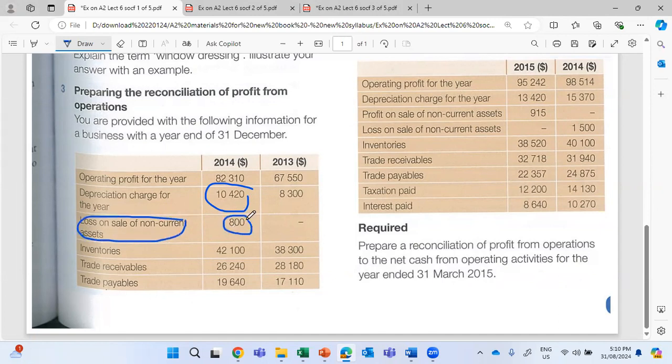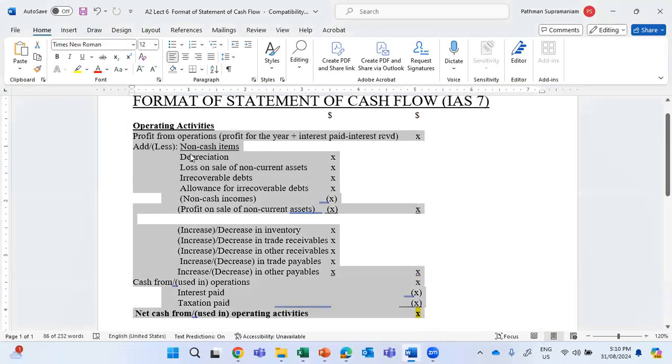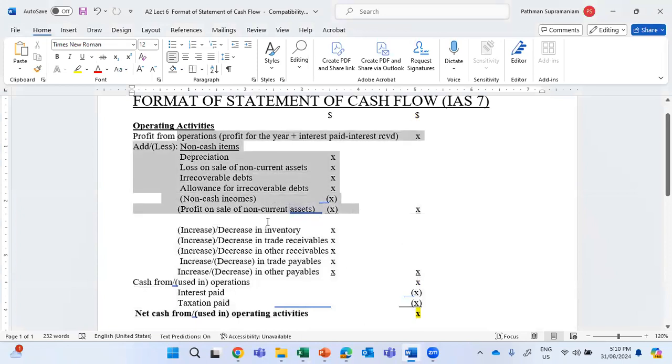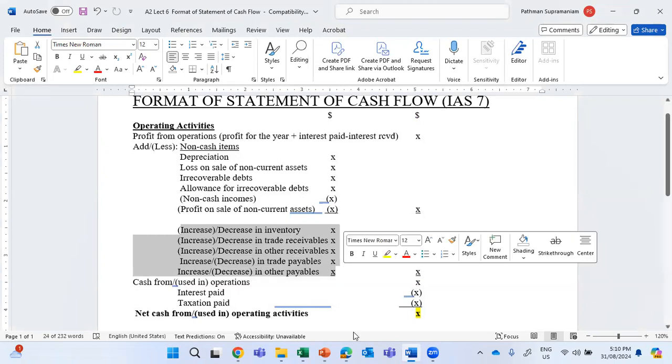So I'll need to add 800. I've just completed this section. Now I'm entering the area where I will calculate the increase or decrease in current assets and current liabilities.